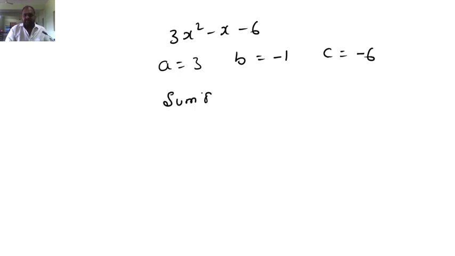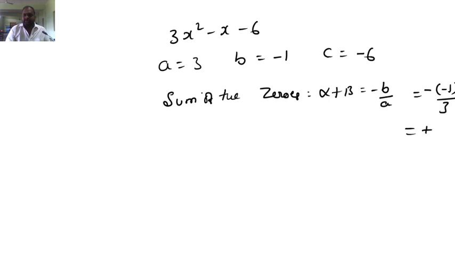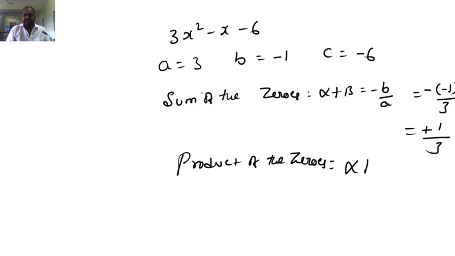Sum of the zeros, alpha plus beta is minus b by a, minus of minus 1 by 3, minus into minus plus 1 by 3. Product of the zeros, alpha into beta, c by a, c means minus 6 by 3, 3 1 ja, 3 2 ja, it is equal to minus 2.